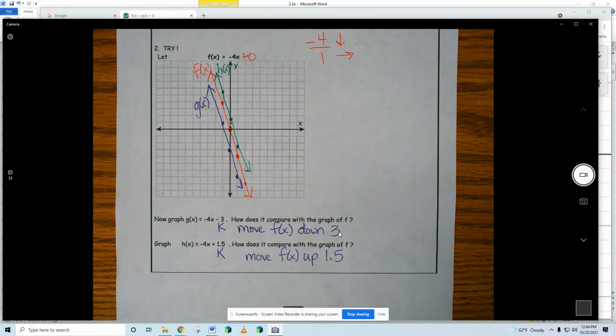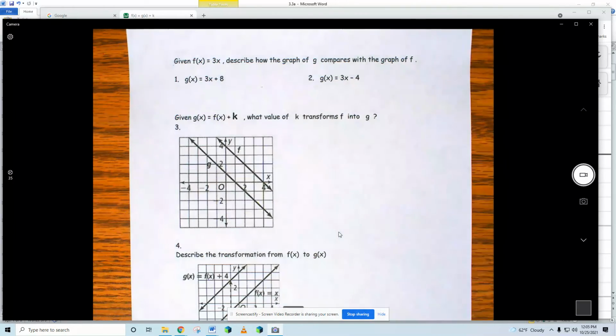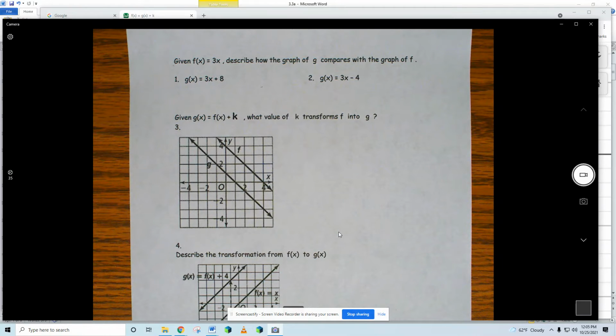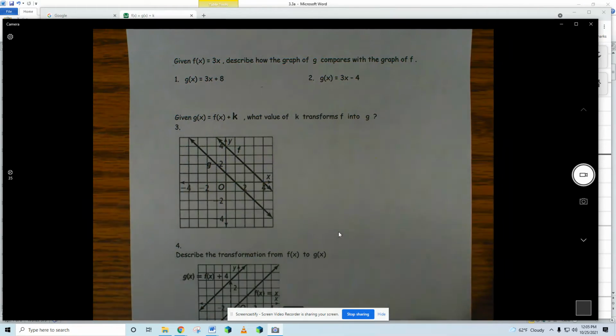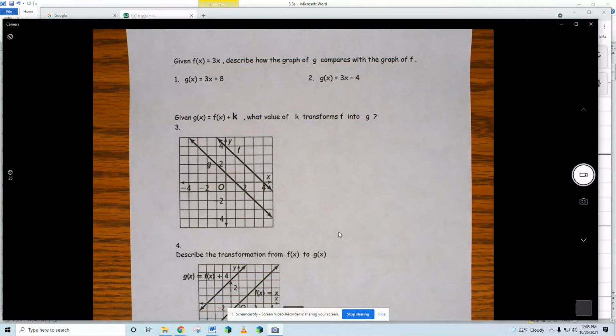So what I've provided for you is practice problems, but I need to go through a lot of them with you. And since I'm recording, I really want to go through a lot of them with you. So can you guys turn the page and go to this page right here that says classwork homework? So, given f of x equals 3x. This has a y-intercept of 0.